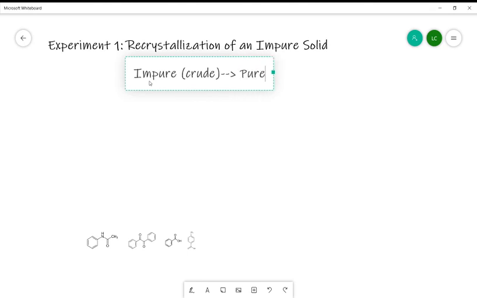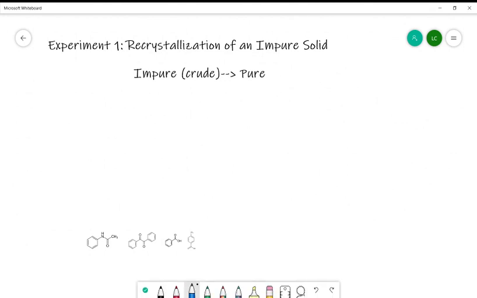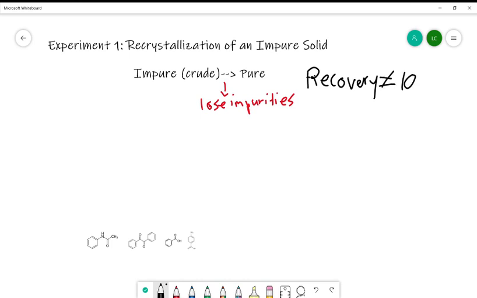And because in this process you want to lose impurities, you have to always remember that you will not get 100% recovery. It's not 100%.